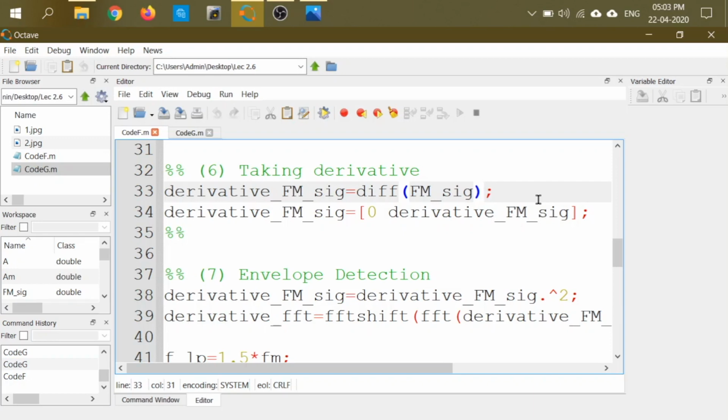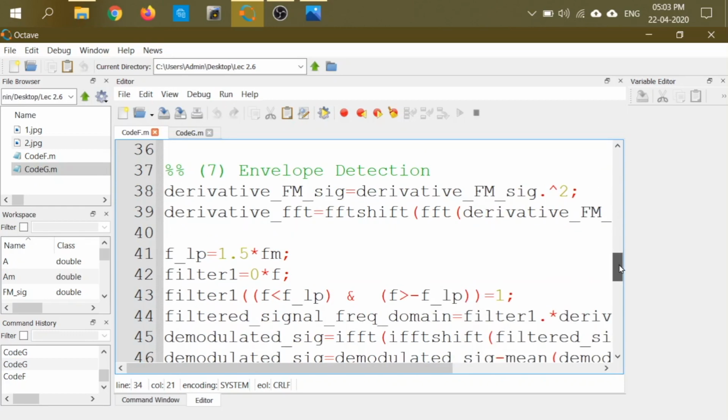So that is why it will not be calculated, and that is why I have appended a zero to my signal. The zero can be appended at the beginning or the end. If the signal is of very long duration, it hardly matters where you append this zero. I have appended it prior to the signal, and that is how the length of the signal remains the same. So this line is done for that.